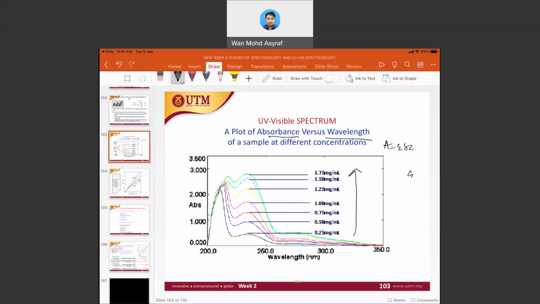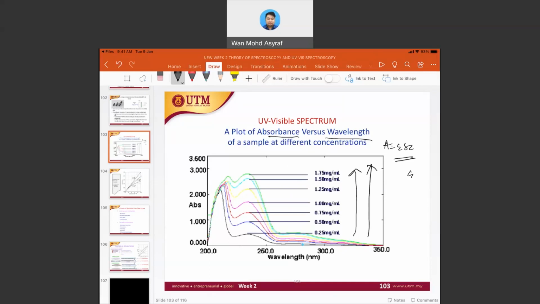As I mentioned before, this is a typical UV visible spectrum. From this spectrum, whenever we have an increase of concentration, the absorbance also will increase, as I've mentioned in Beer's law.